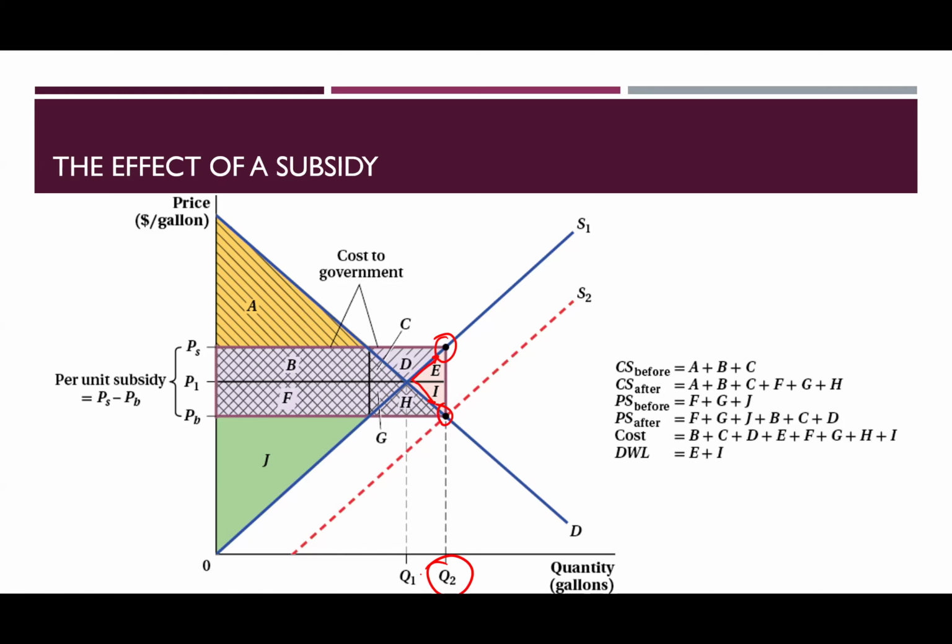Because the subsidy is making this sort of overconsumption in the market possible, we're going to see an overlapping of consumer and producer surplus.